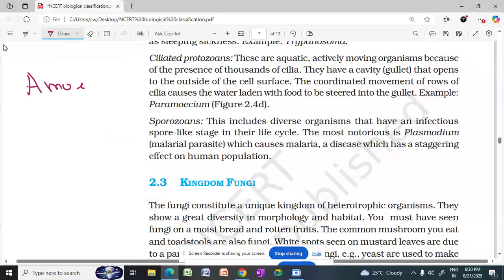When I say the term amoeba, is amoeba unicellular or multicellular?